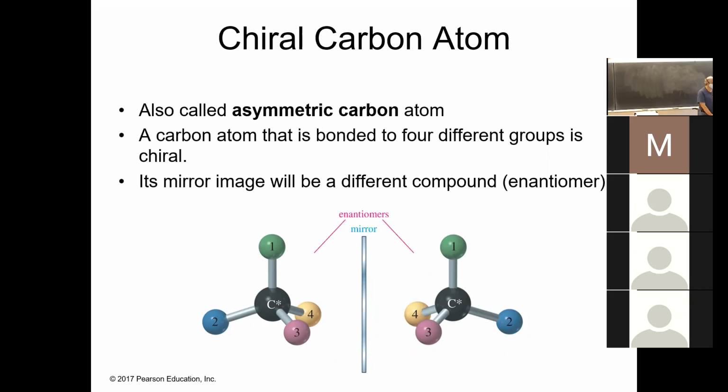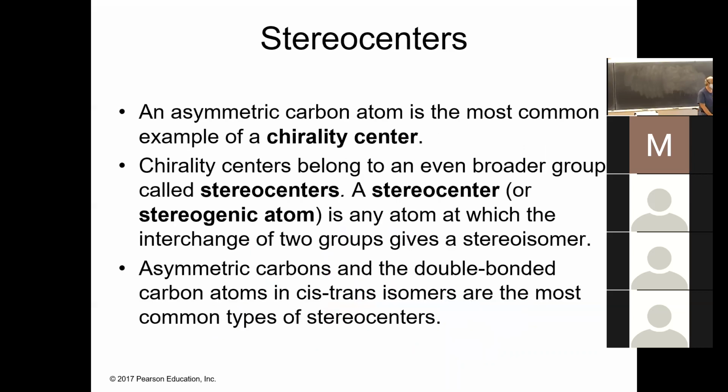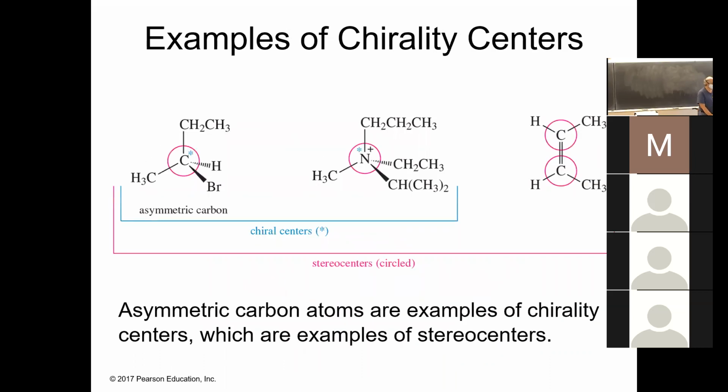Such a carbon is referred to as an asymmetric carbon, or a chiral center, or a stereocenter. They all mean the same thing. Other elements besides carbon can have chirality, such as the nitrogen that's shown here.